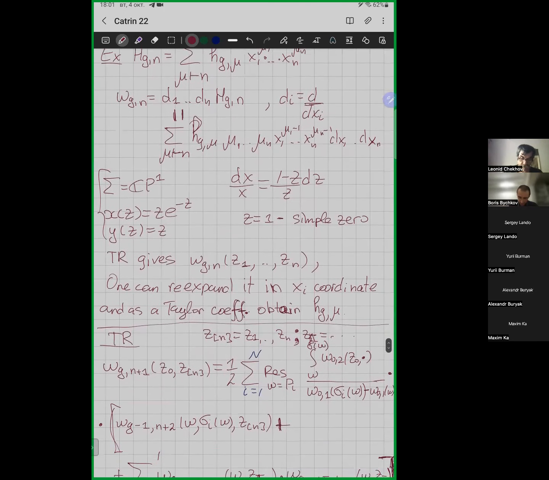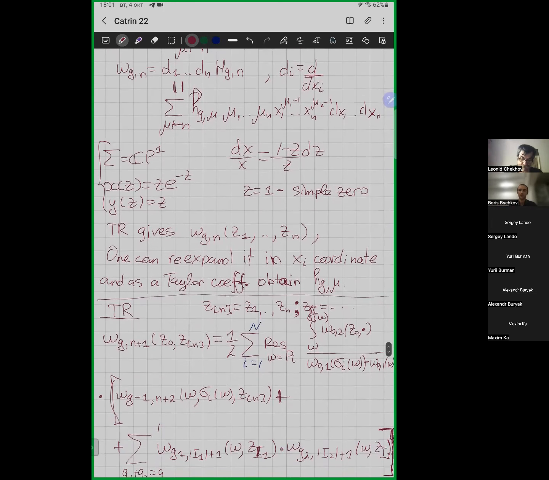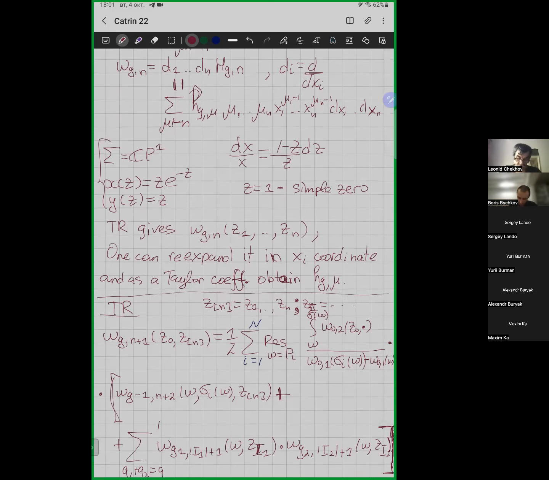The function x itself has a simple zero at point 1, and thinking of x of z as a ramified covering, I have two leaves of this meromorphic function near this ramification point z equal to 1, and this sigma is a holomorphic involution which permutes these leaves of this meromorphic function.